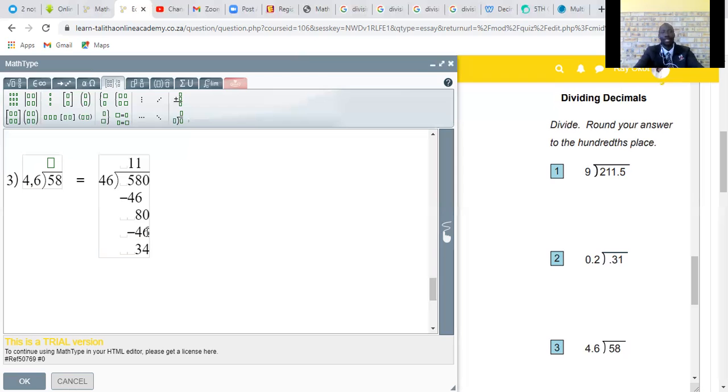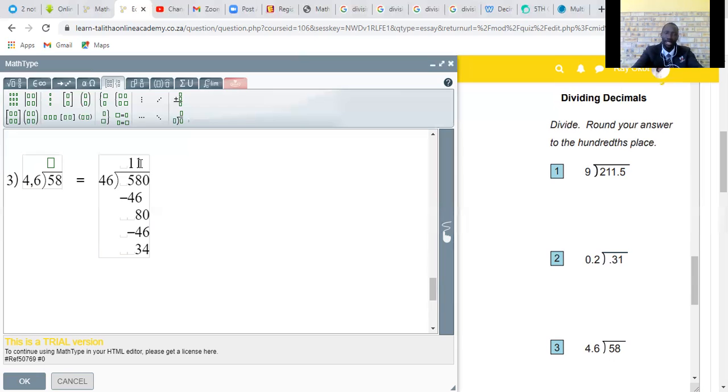Now, how do we deal with this 34 which we have just got? We want to find out how many times 46 enters 34. Well, 34 cannot divide 46. In other words, it will enter 0 number of times.